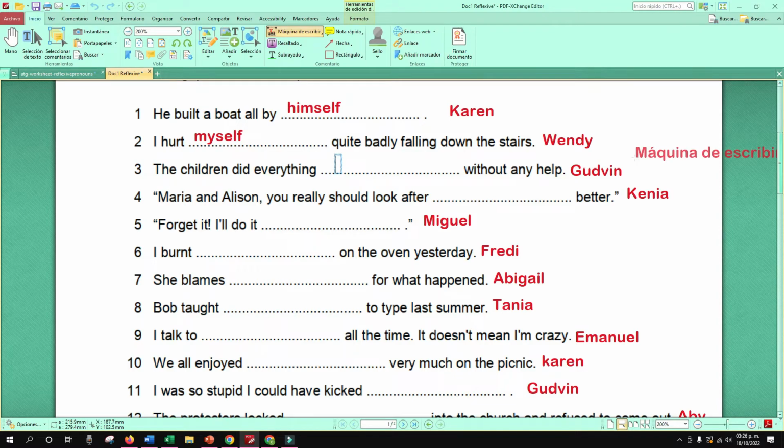The children did everything yourself without any help. Yourself? Children? In that case, that will be themselves, right? Themselves. Yes, themselves. Thank you. What about 4, Kenya? Maria and Allison should look after themselves better.